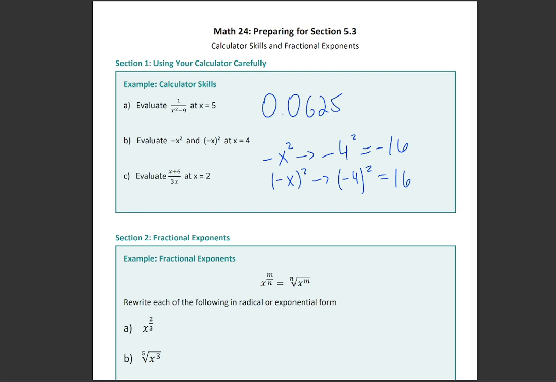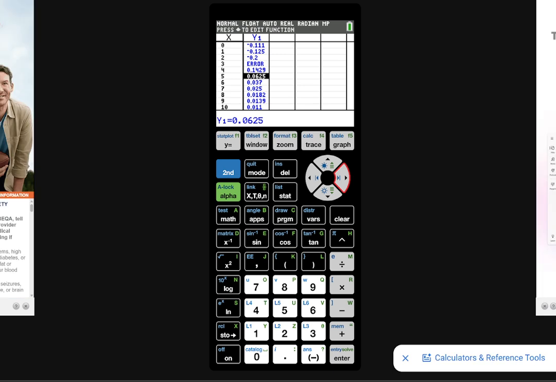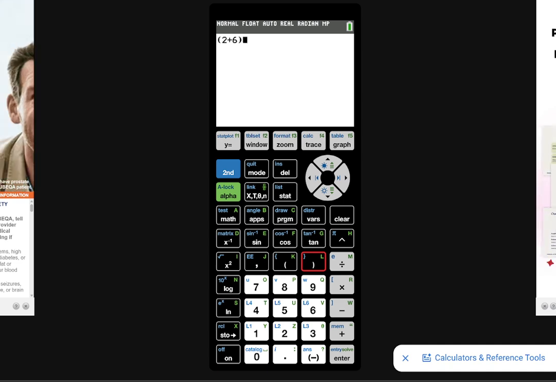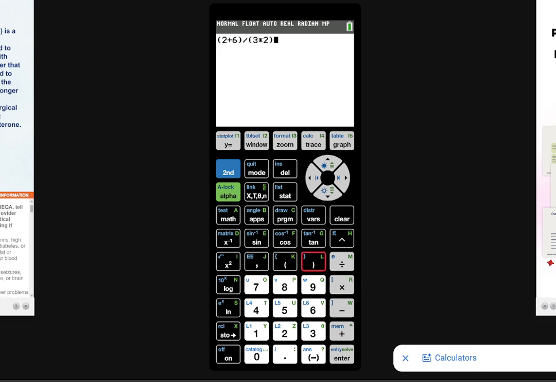Lastly, we're evaluating something like x plus 6 over 3x at x equals 2. That would be 2 plus 6 over 3 times 2. Now, when you plug this in your calculator, I need to also use parentheses. So if I want to do 2 plus 6, and all of that needs to be in the numerator, I need to put it in parentheses, divided by. Now I have 3 times 2, also in parentheses.